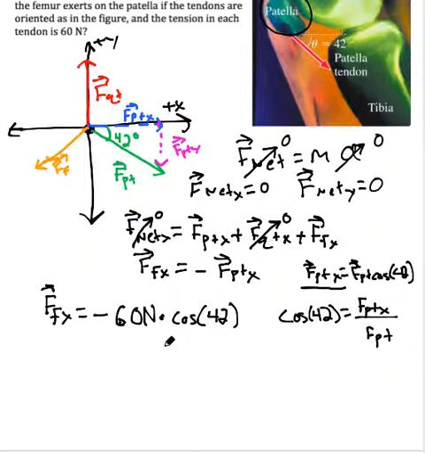Let me punch this in the calculator, 60 times cosine 42, and we get about 44, it'd be negative 44.6 newtons in the x direction.